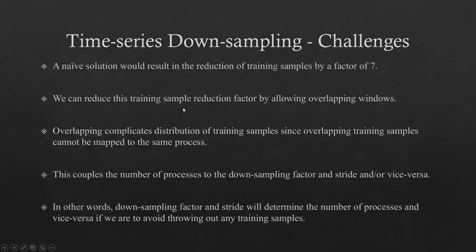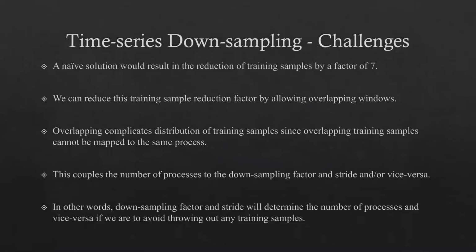However, we can actually combat this reduction of training samples factor by allowing the windows to overlap. But in doing that, there are some issues as well. Instead of having no overlap, maybe you just do a step of 1.